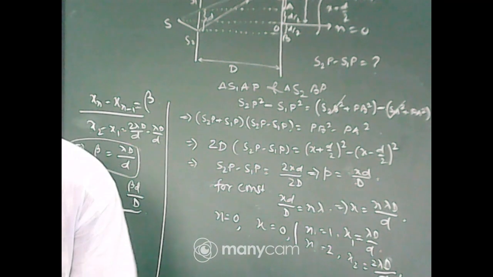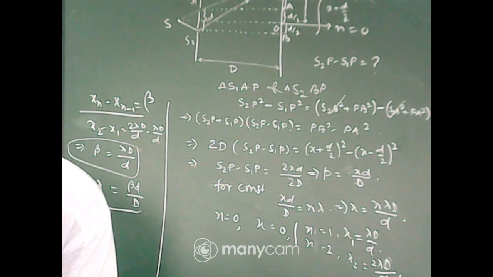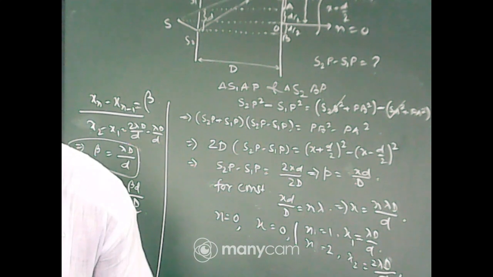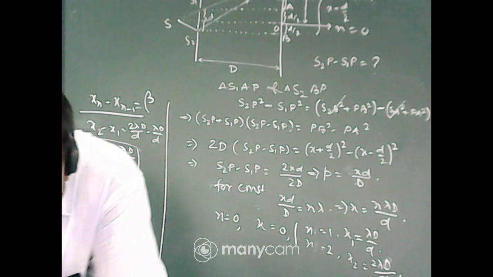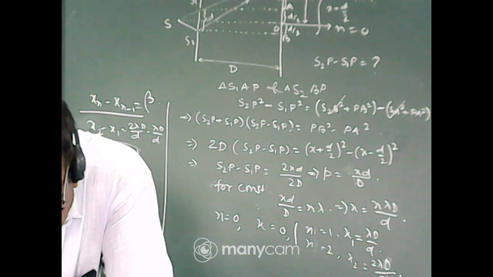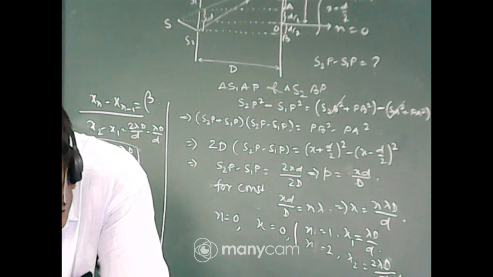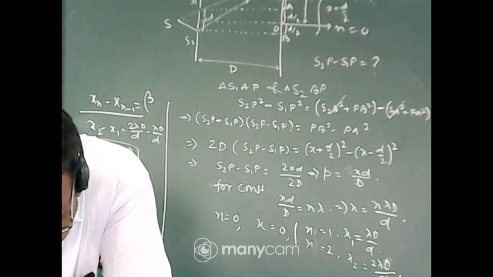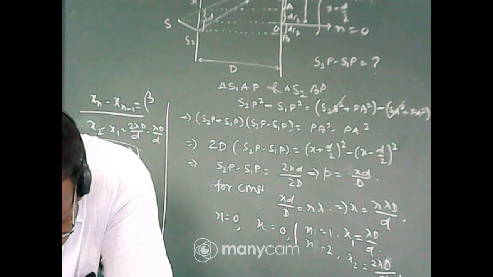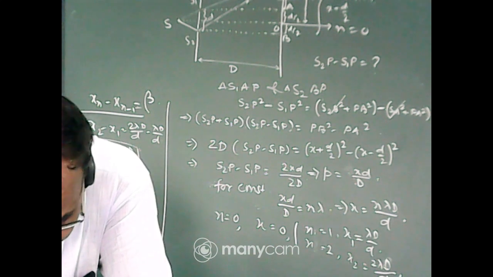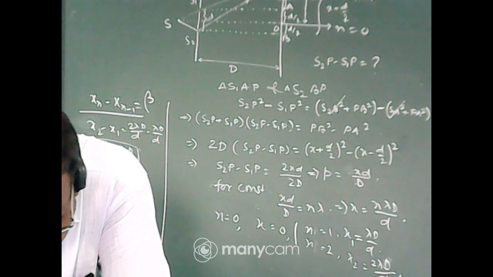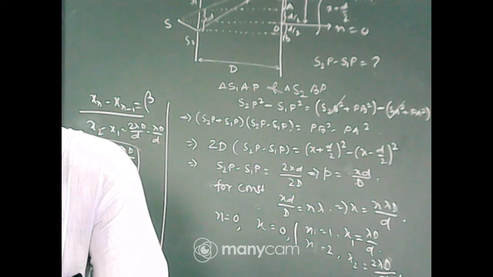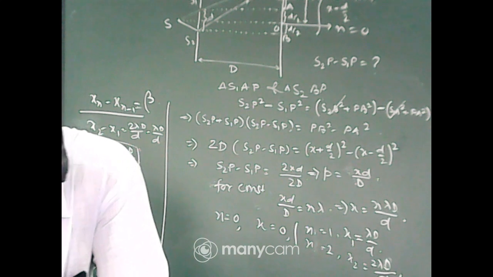The question is this: first bright fringe and second bright fringe, nth bright fringe. Fringe width is the separation between two successive bright or dark fringes. That value would be D lambda by small letter d.